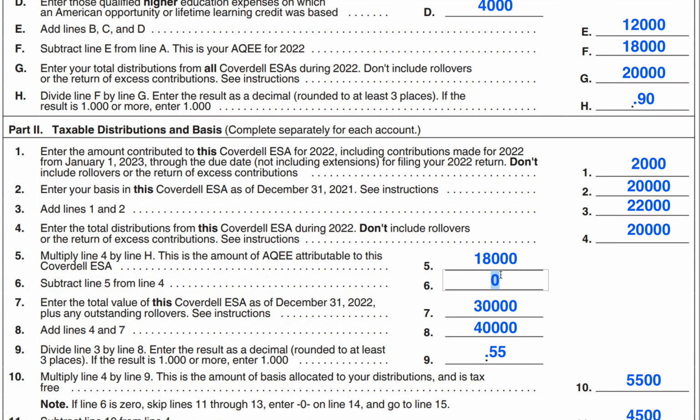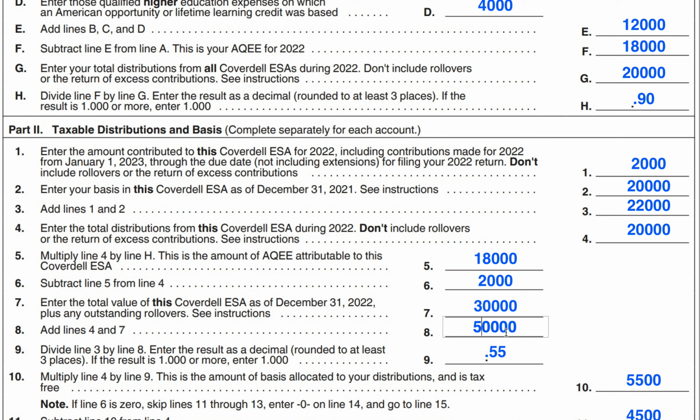We would subtract this from line 4, so we get $2,000. Let's imagine that our account was $30,000 at the end of the year. We add the line 4 and line 3, so now we get, this is actually $50,000 because we ended the year at $30,000, but $20,000 came out at some point. So we have $50,000.